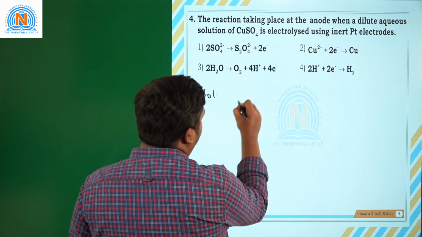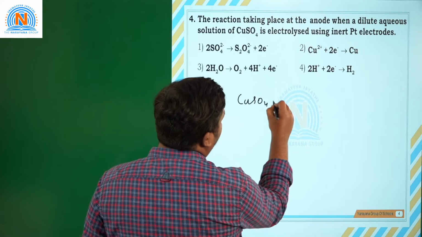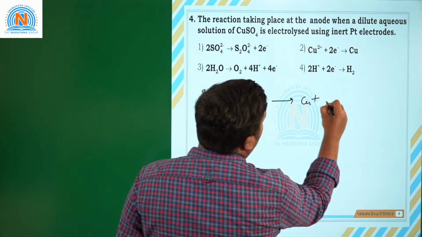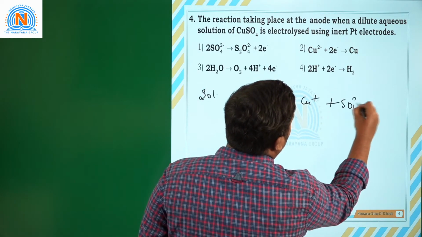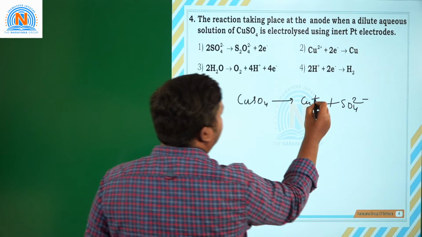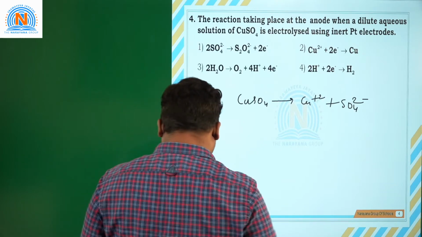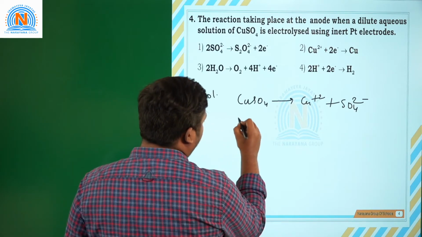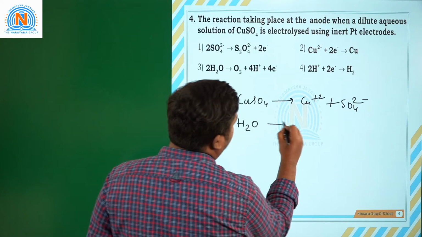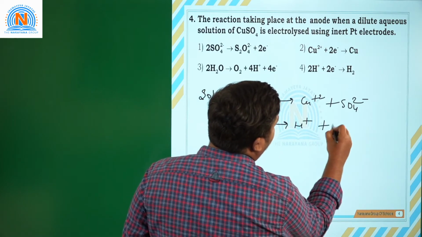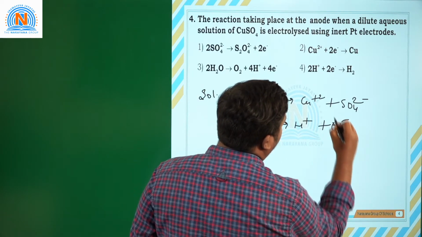Copper sulfate that you are adding, CuSO4, dissociates to form Cu 2 plus and SO4 2 minus ions. Next, water also shows some amount of dissociation to form H plus ions and OH minus ions.